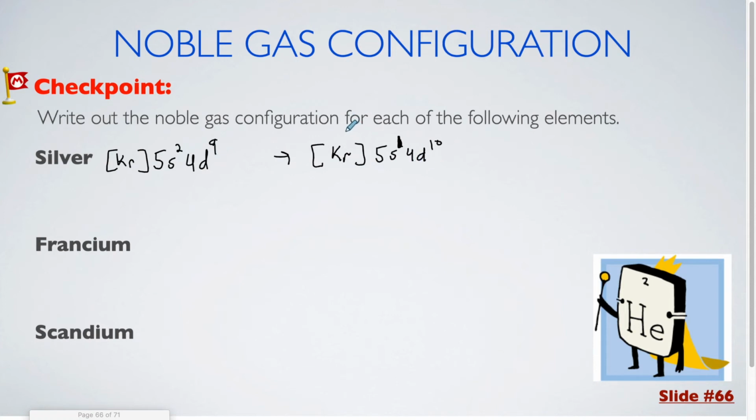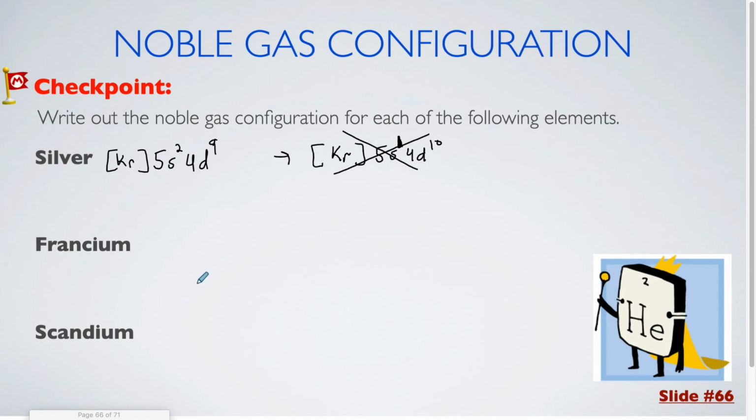While this is technically true, we're not going to be considering these exceptions for what we are doing in class, just to try to keep things simple. So I just wanted to clarify that in case you do any Google searches and see configurations that don't match up with what we are writing. For us, you could just write them in, filling in from the bottom, following the Aufbau principle, and not worrying about any exceptions to the rule.